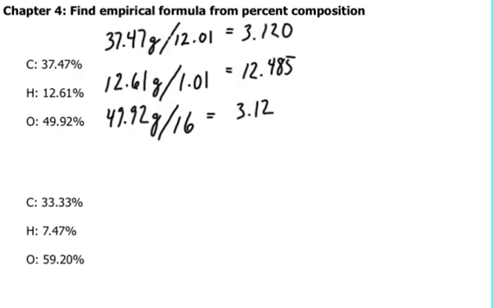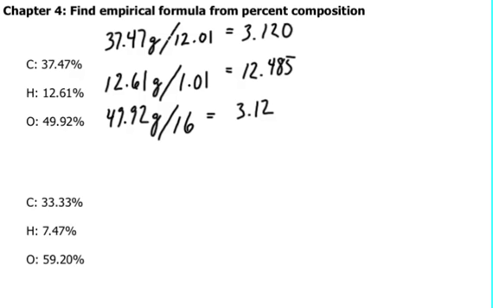Okay, now the next step, once you've converted these all to moles, is to look at the numbers that you have and see which one is the smallest. Now in this case, the smallest number is the same for both carbon and oxygen, so it doesn't matter which one you use.